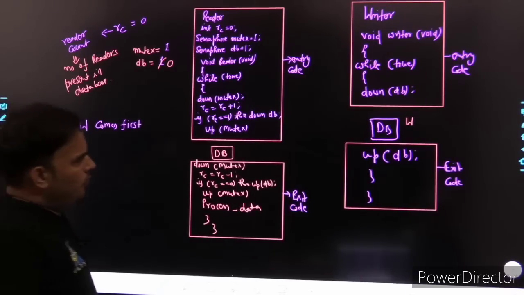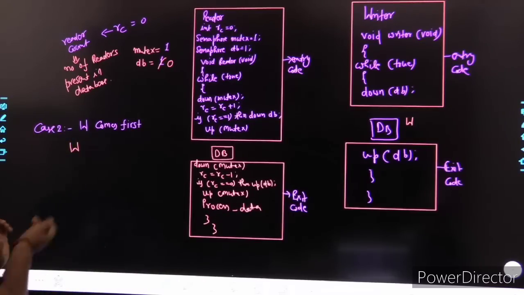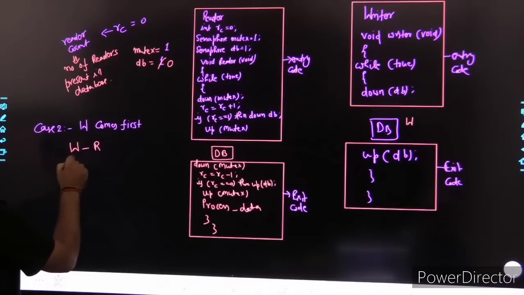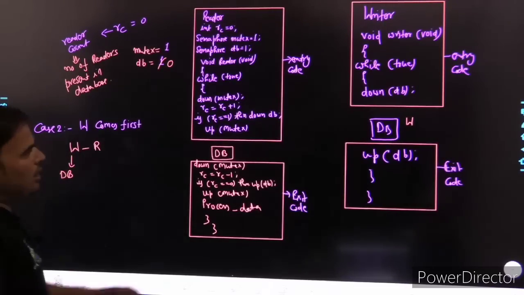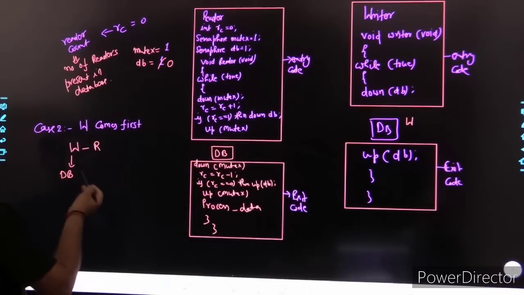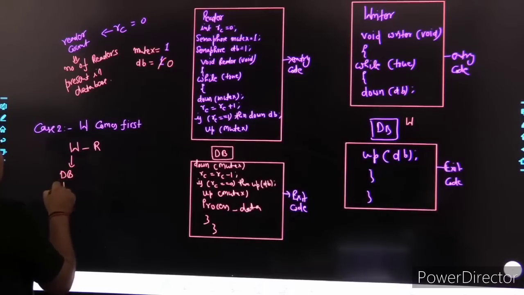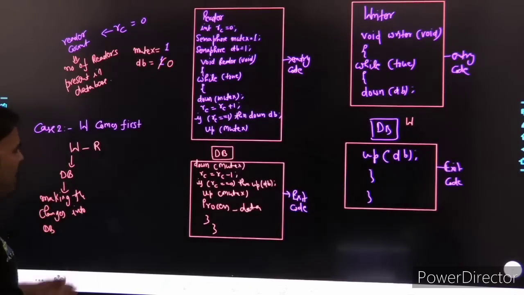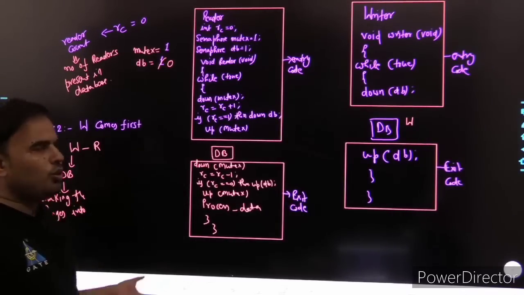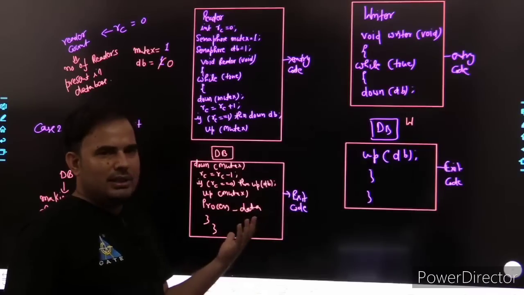Okay, and the writer is able to access the database, making whatever changes it wants into the database. And at the same time, when a reader comes and also wants to read the data while the writer is writing the data, is that possible?